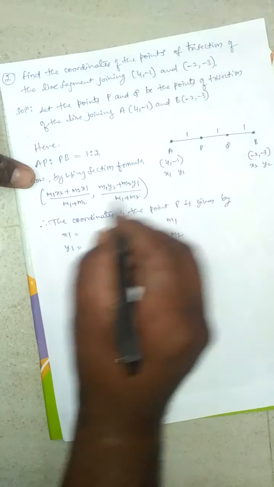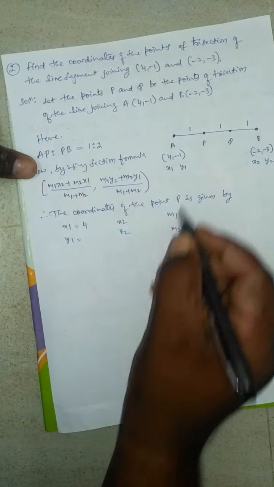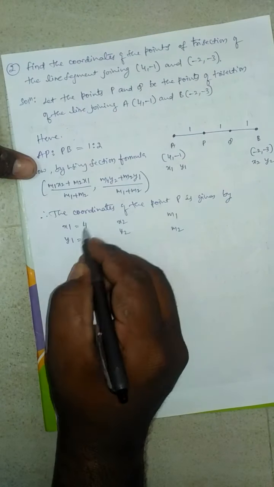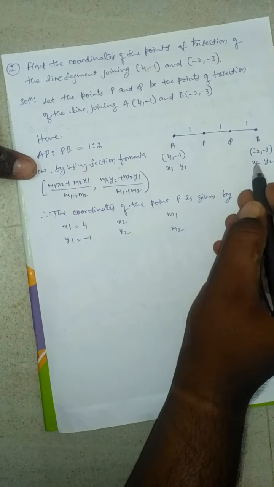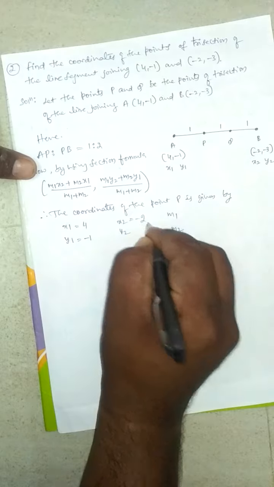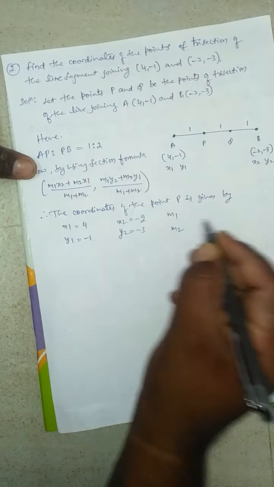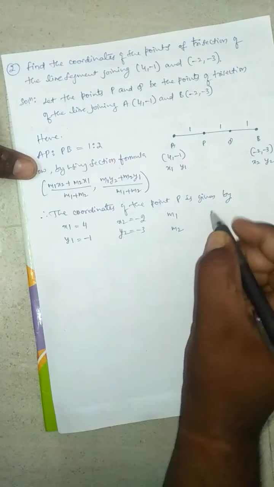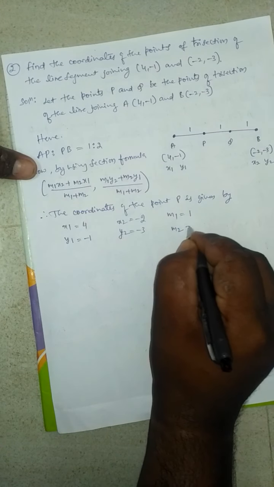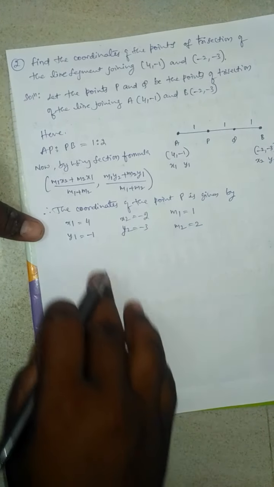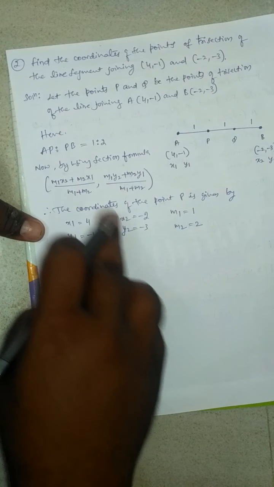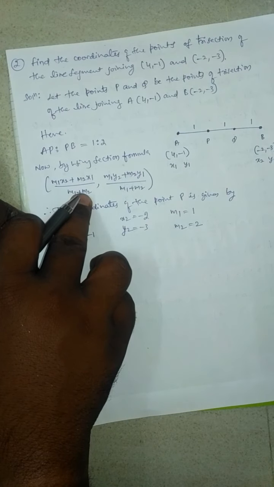Here x1 is 4, y1 is minus 1, x2 is minus 2, y2 is minus 3. Here the ratio is 1 is to 2. So m1 is 1, m2 is 2. Now if you substitute all these values in this formula, we are going to get the coordinates of point P.